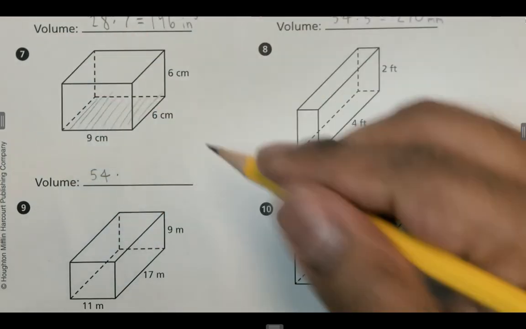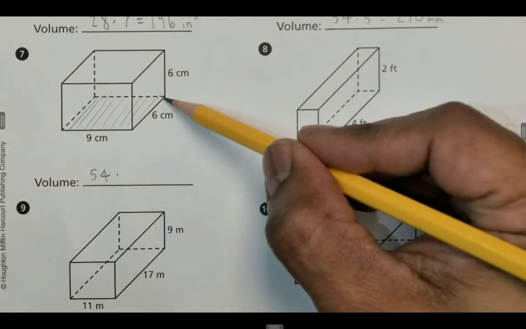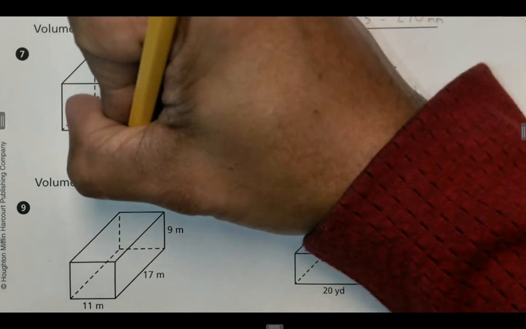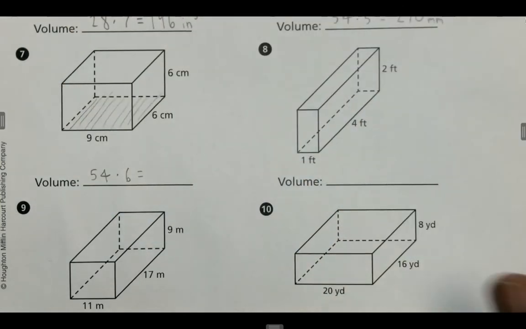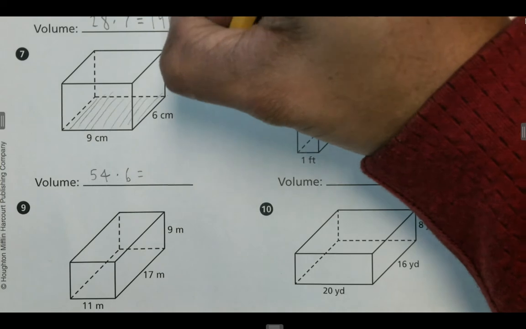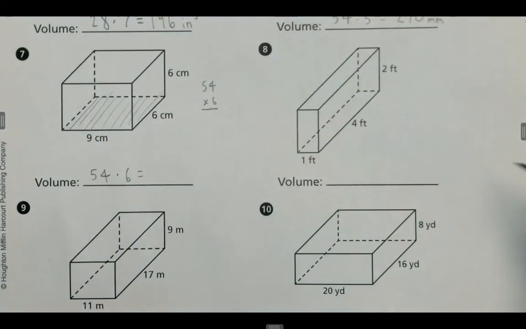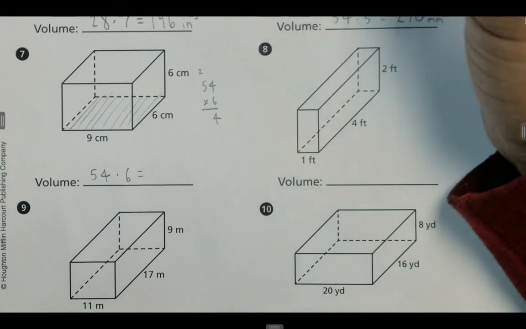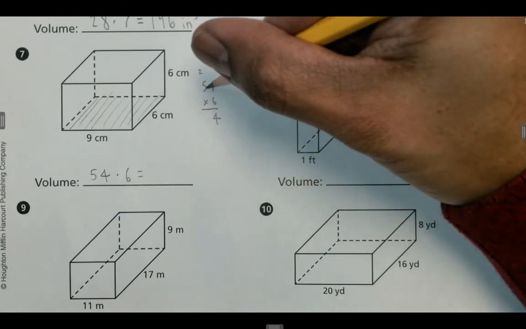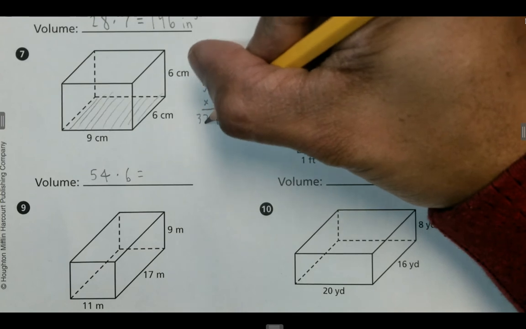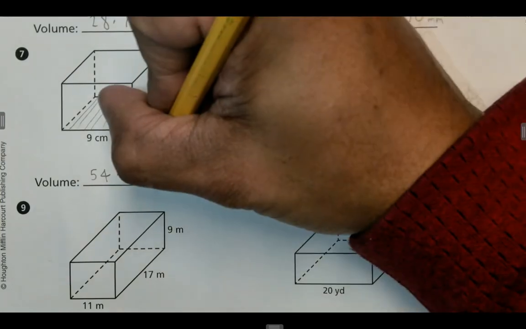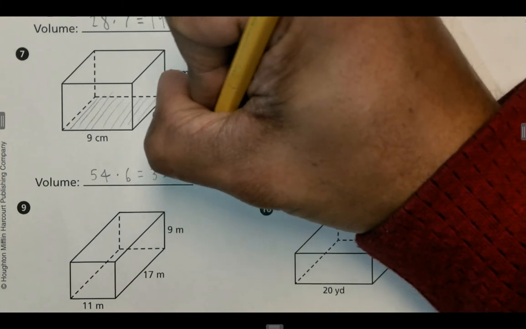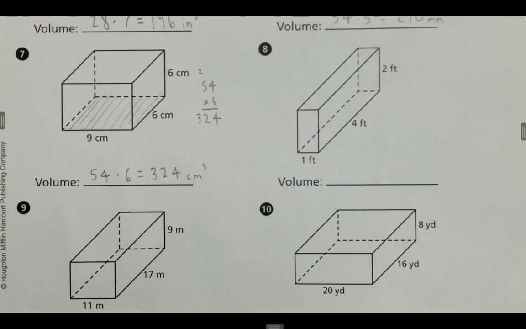Now to get the volume, I'll take the area of this base face multiplied by the height, which is 6. 54 times 6. 6 times 4 is 24. 2 gets carried. 6 times 5 is 30 plus the 2 is 32. And let's add in our units of measure, cubic centimeters.